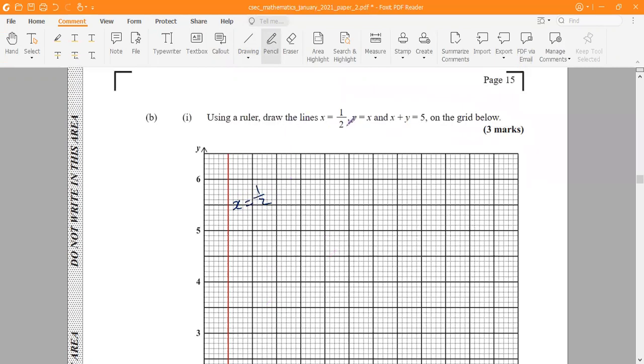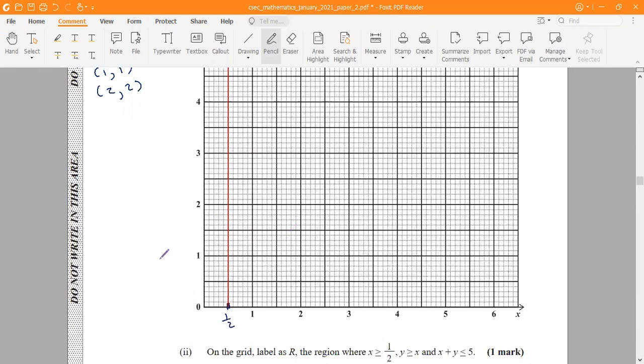We now want to draw the graph of y equal x. So if y is equal to x, then we have points like 0, 0, 1, 1, and 2, 2, which lie on this graph. Because when x equals 0, y equals 0. When x equals 1, y is equal to 1. When x equals 2, y is equal to 2. So we plot these points on the graph, and then we draw a straight line with our rulers to connect these points.